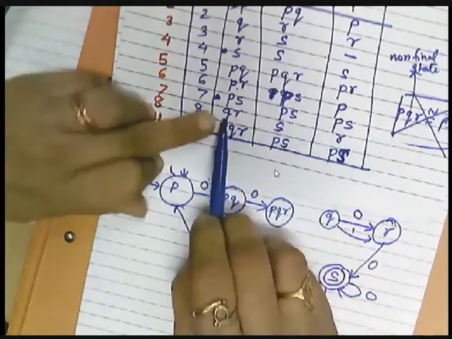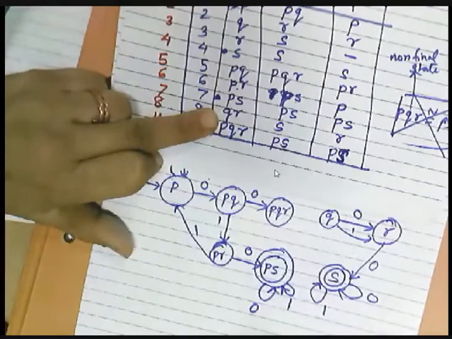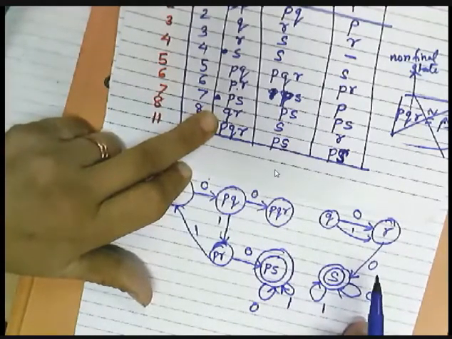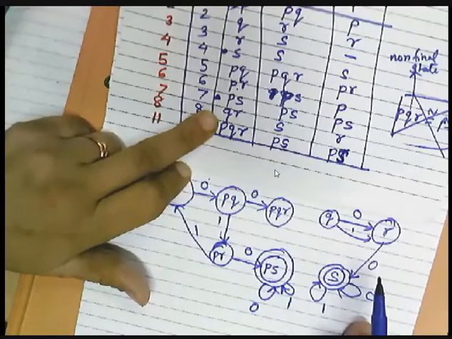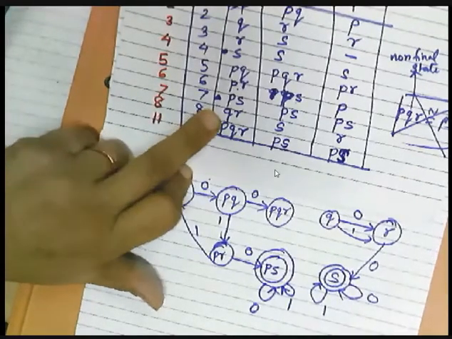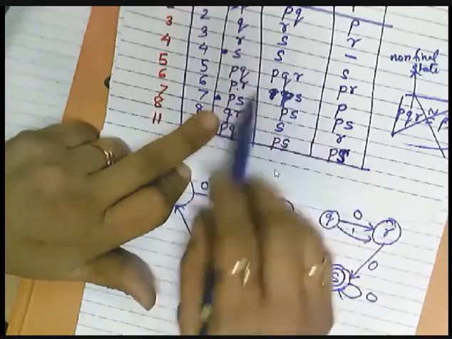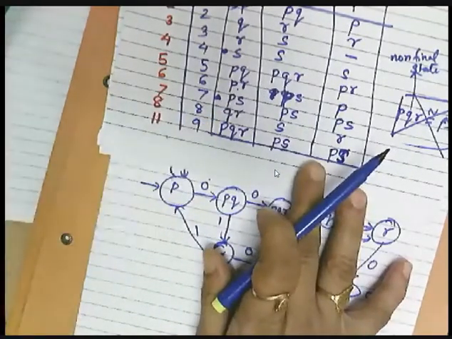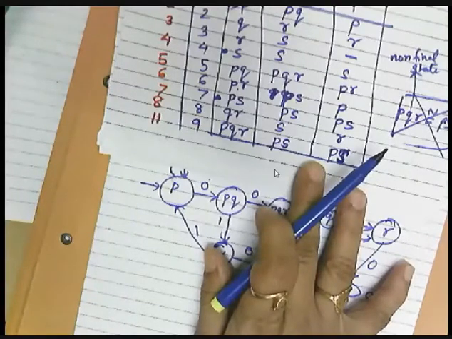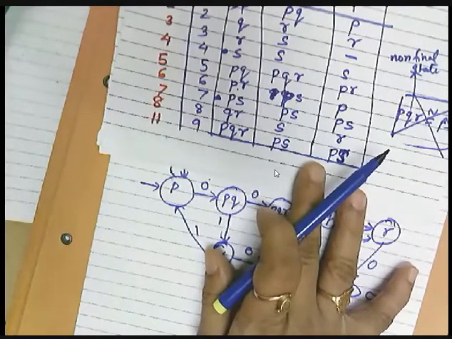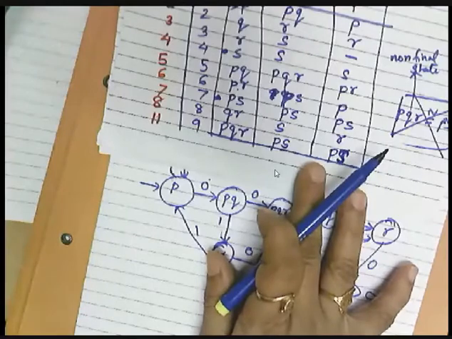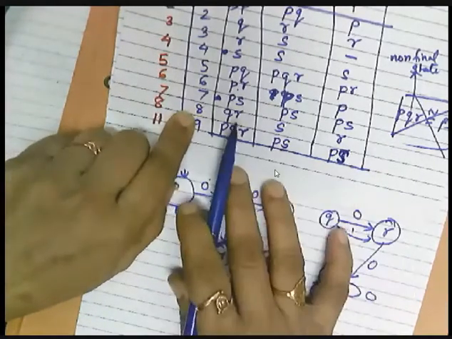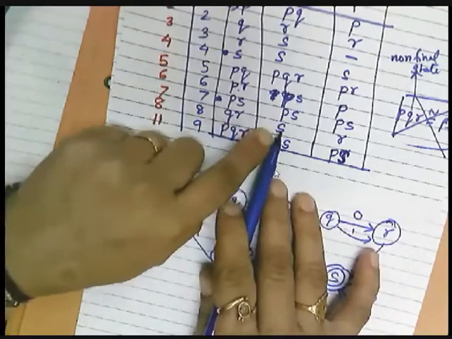Then QR, where is my QR state? Is there any QR state here? Have I reached the QR state here? Nowhere. The 8 number state is QR, am I right? The 8 number state is moving to S, whether that state is available.